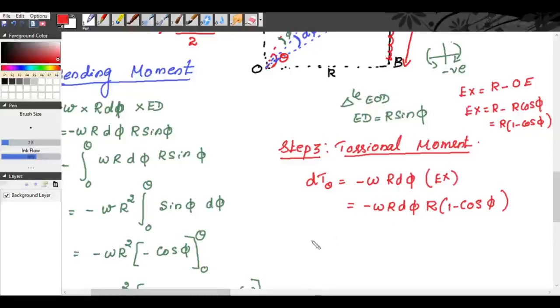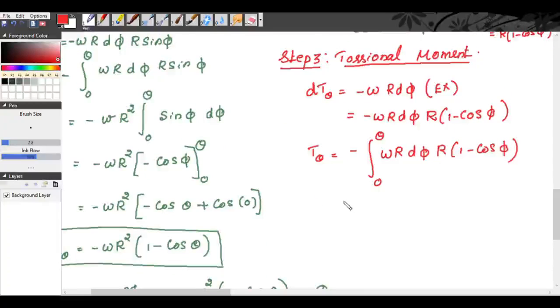So now T theta, we can integrate it from 0 to theta. The minus is taken outside, W R d phi into R into 1 minus cos phi. We take minus W R square out.